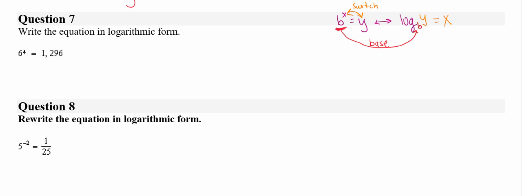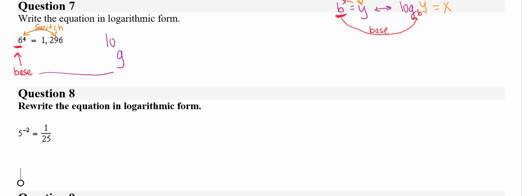All right, so here, this is our base. And these two are going to switch. So I'm going to write the word log. Just rewrite it.